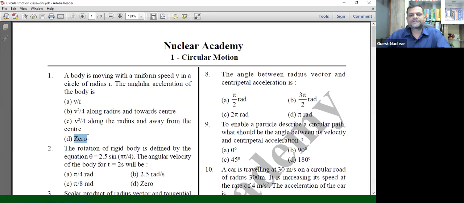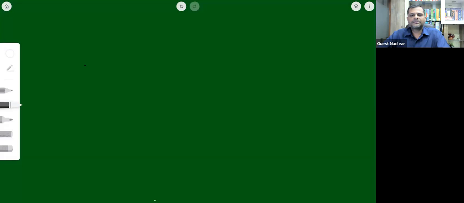So angular acceleration is defined as d omega by dt, or we can say the rate of change of angular velocity, right? And as we have seen already, whenever the particle performs circular motion, it traces out equal angles after equal intervals of time, correct?